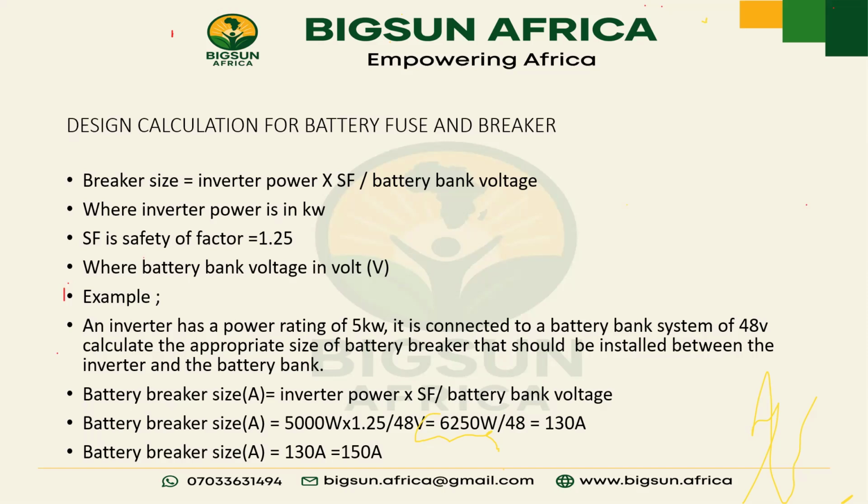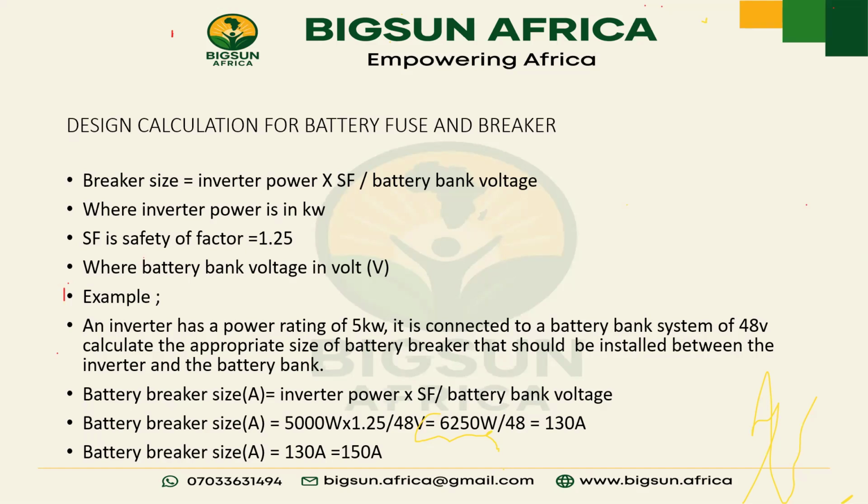Let's proceed. We've gotten how to calculate our solar panel sizing. The breakers available in the market are always 63 amps. Most times, once you want to do your solar, you buy a DC cable and a DC breaker, and you hear 63 amps DC breaker.